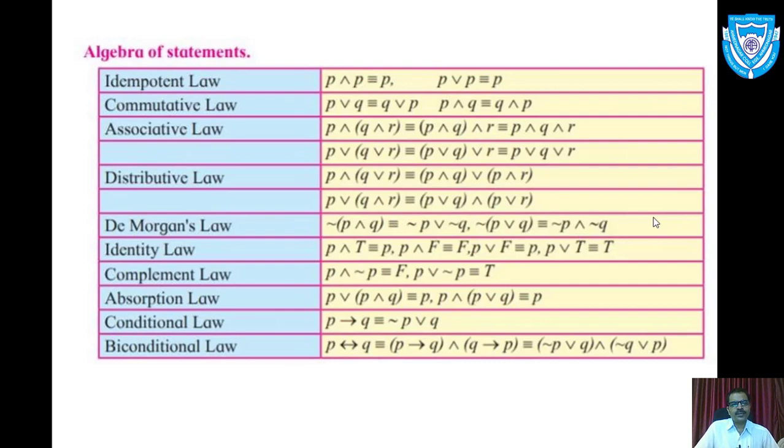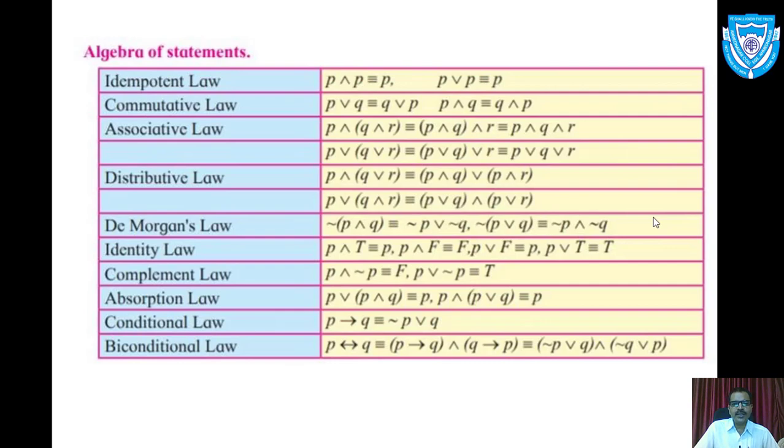Distributive law. Why are we calling this distributive? Because we are distributing some part. See the first one: P and (Q or R) is equivalent to (P and Q) or (P and R). Here what happened? The part P and is distributed to each of the bracketed simple statements.